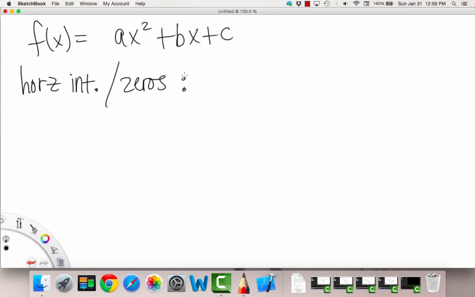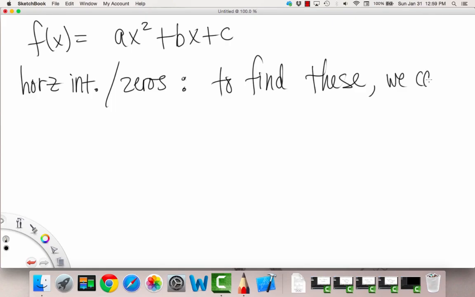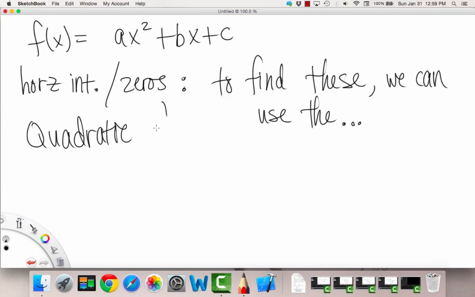So a foolproof method to find these, we can use a very useful formula. We can use the quadratic formula. I'll write it below, and I'll show you a useful way on how you could remember all of it, because it is quite a mouthful.